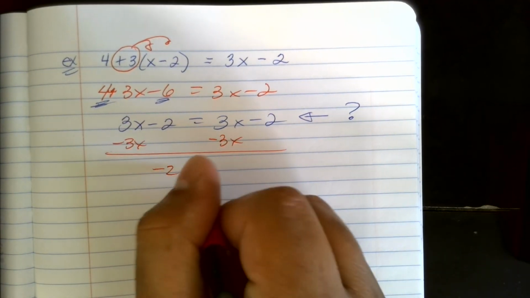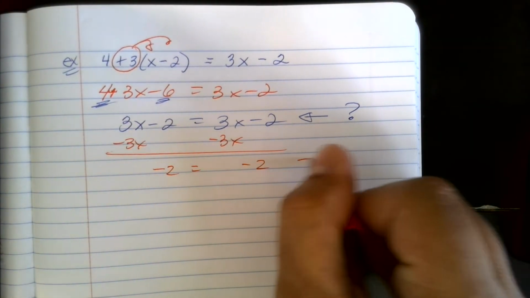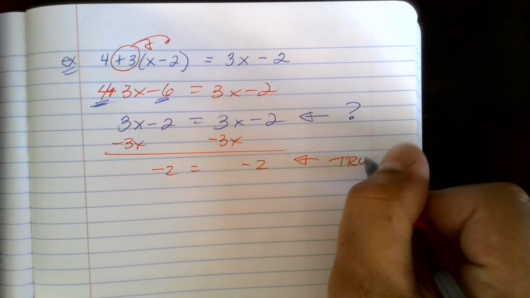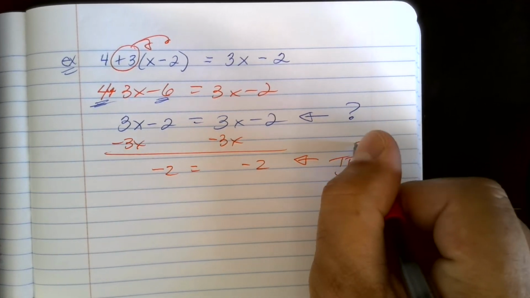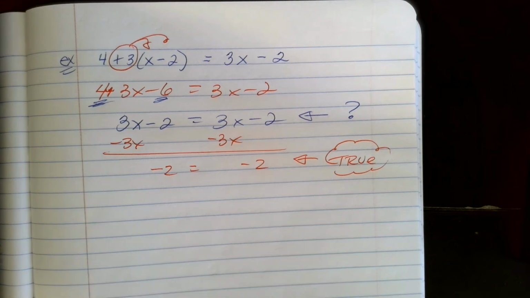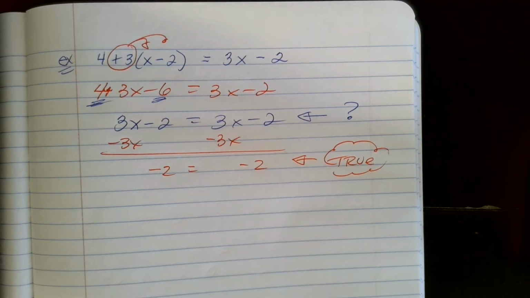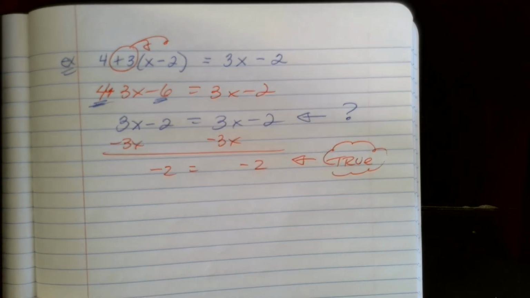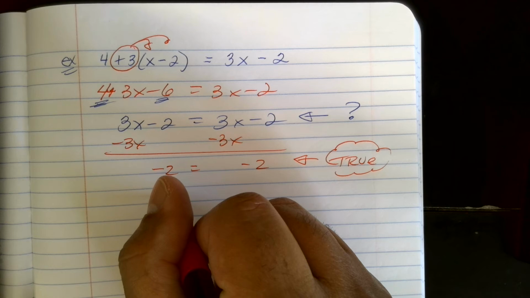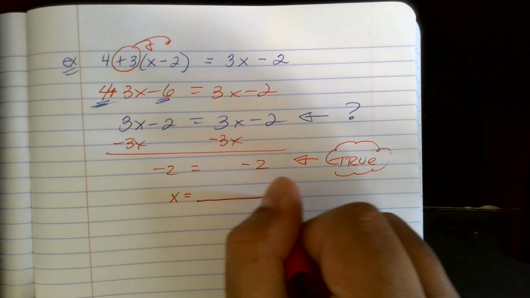I'm going to end up with negative 2 is equal to negative 2, which is a true statement. But my objective was to solve for x, and I no longer have an x variable. What happened here, if I'm looking for a solution for x, what does x equal?